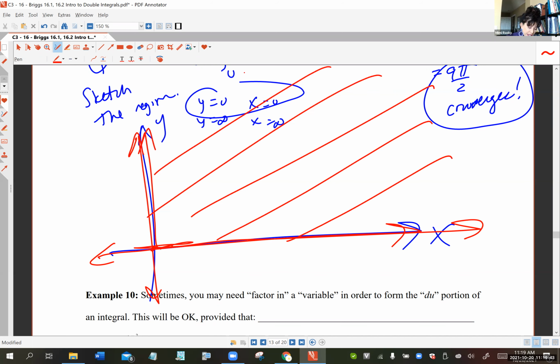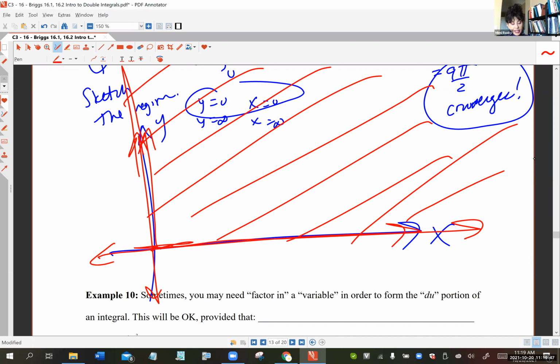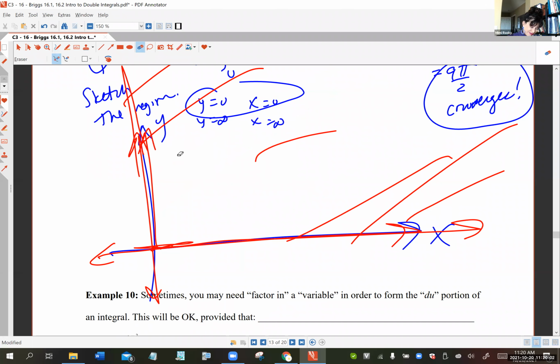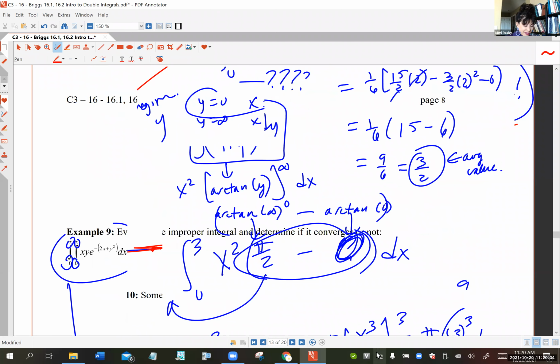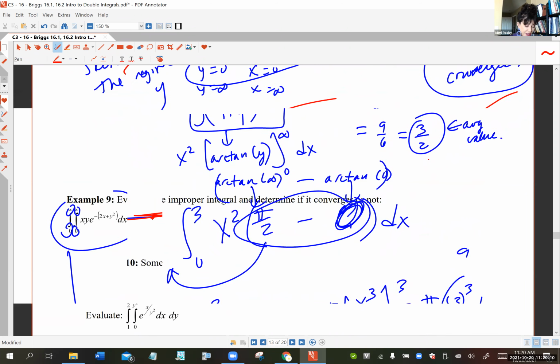So if I shade in the region of integration, if you can imagine, it's the entire first quadrant, and it extends forever to infinity. The entire first quadrant is the region of integration for this particular double integral. Woo! That's fun. And if you didn't have fun figuring out that region of integration, well, then I don't know what to say. You're not doing this class right.